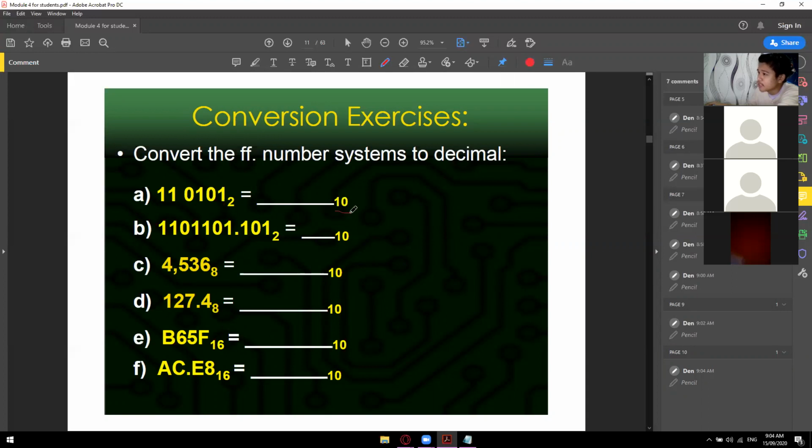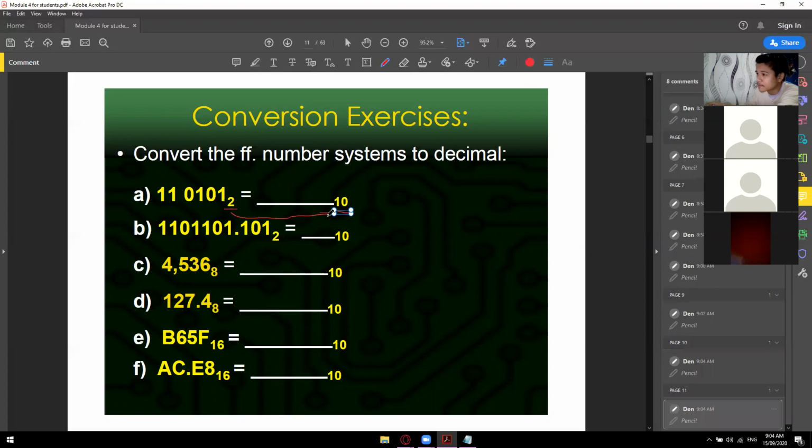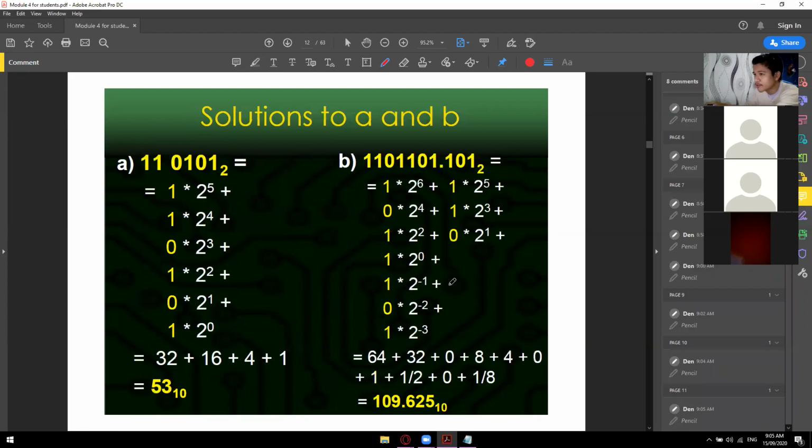So this is an indicator that you have to convert this binary into decimal. This binary into decimal, this octal to decimal, octal to decimal, hexadecimal to decimal, and then hexadecimal to decimal. Okay? So, nandito yung mga solution. Yan. Okay? So, binary to decimal muna tayo.